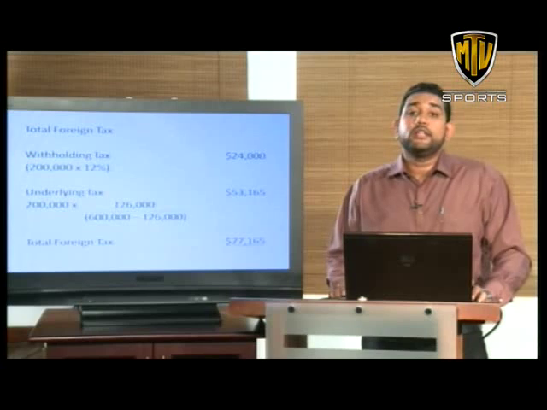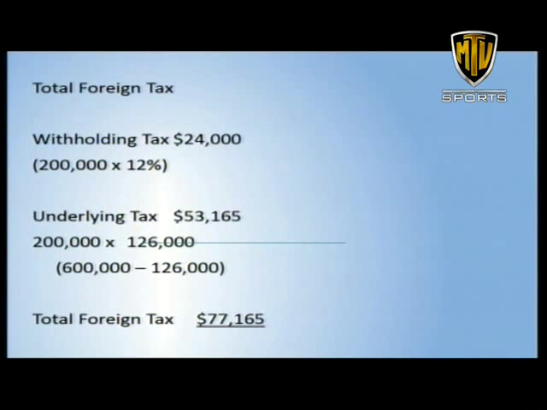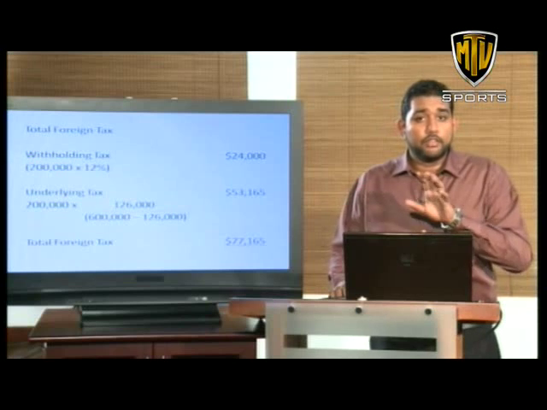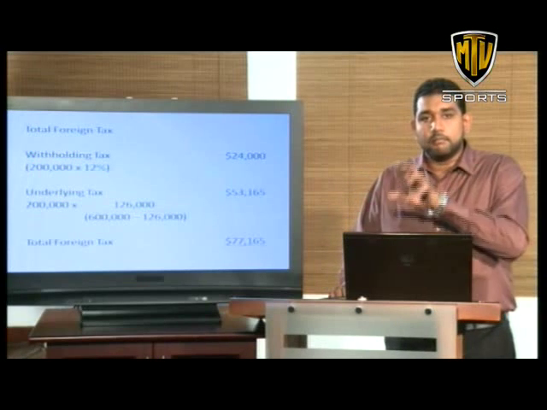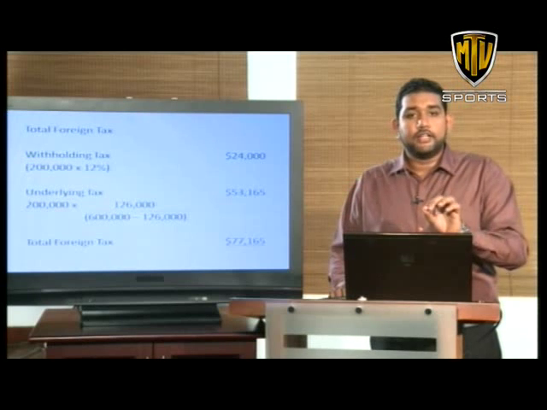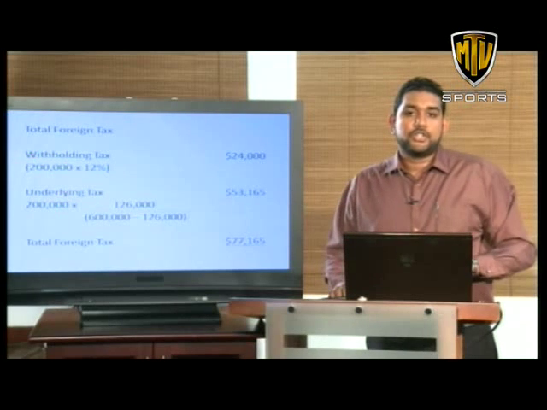So the withholding tax element will be 12% of 200,000, which amounts to 24,000. And then comes the underlying tax calculation. Remember the formula: gross dividend multiplied by income tax of the foreign entity divided by profit after taxation.